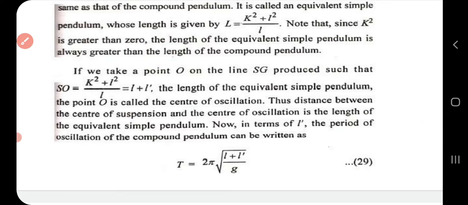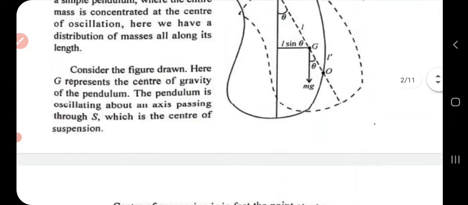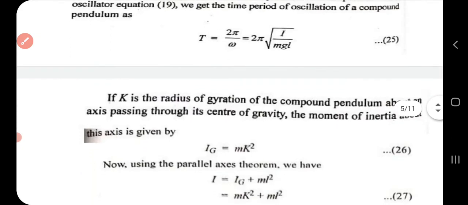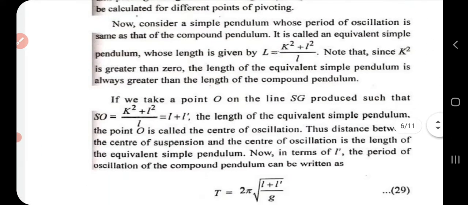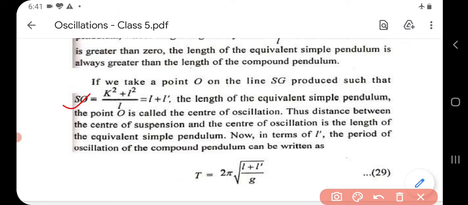Now let us consider a point O on the line through G. In this line we are considering the point O, and let the distance SO be l plus l dash, which is nothing but the length of the equivalent simple pendulum.